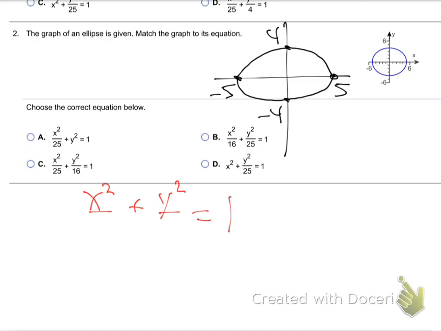Whatever goes underneath x is right left, because x is always right left. Right left? 5 squared. Y is up down, 4 squared. Done. Whichever one that is. Is it C? C it is.